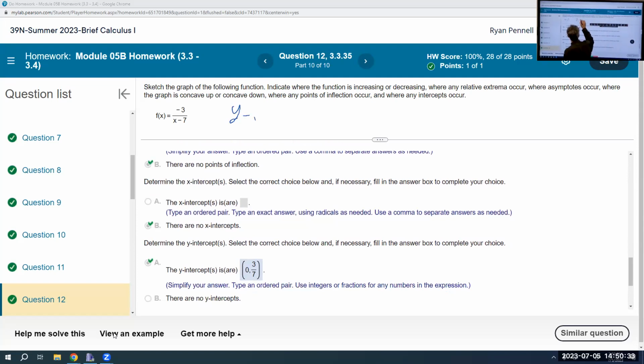Y-intercept, remember for a line, that's the b part. Where does that occur? When x equals 0. If x equals 0, plug it in. -3 over 0 minus 7 is -3 over -7. Positive 3 over 7 is the point. So we'll see (0, 3/7).